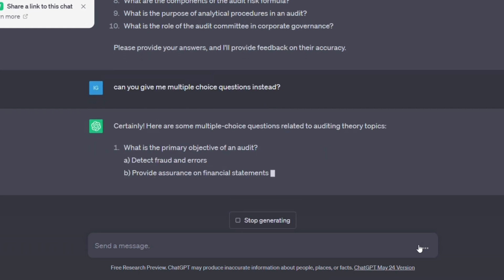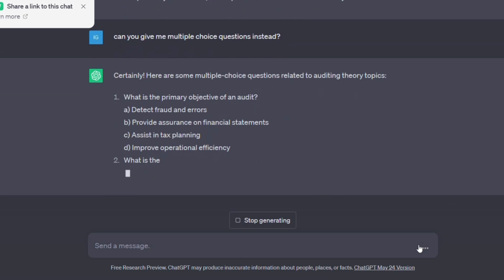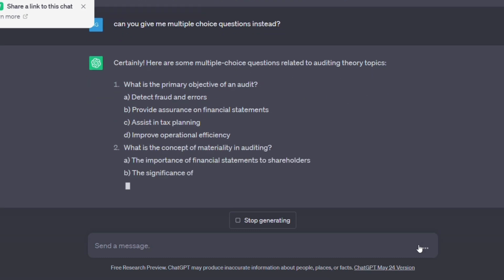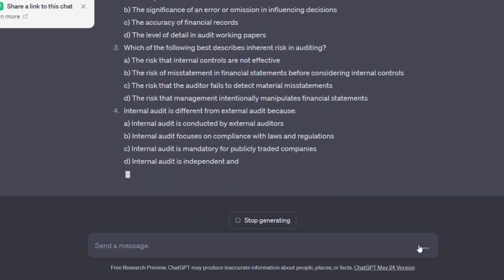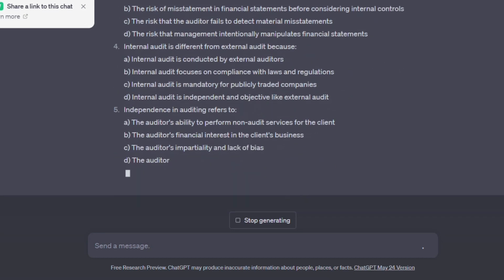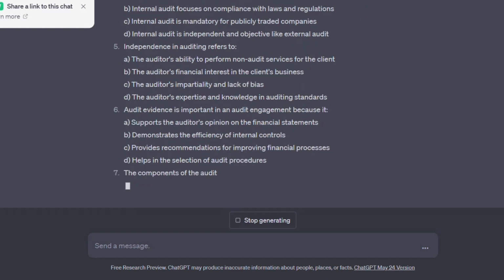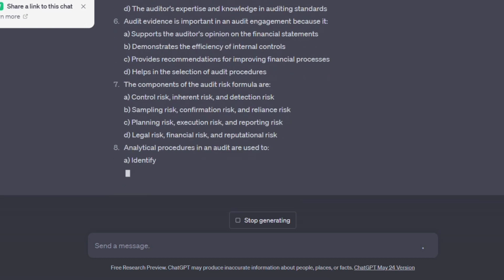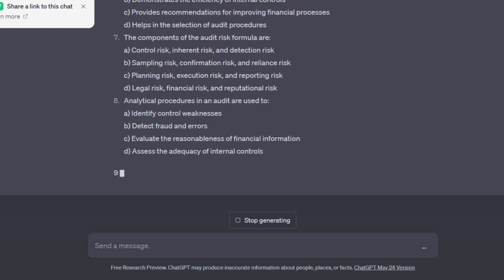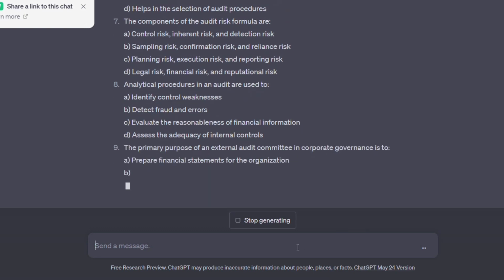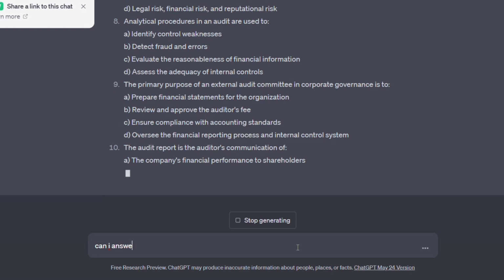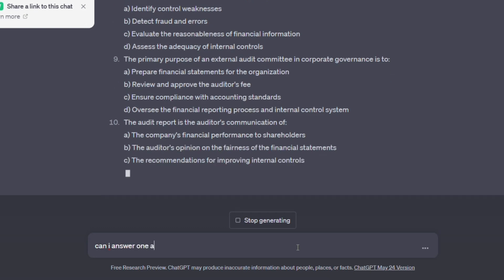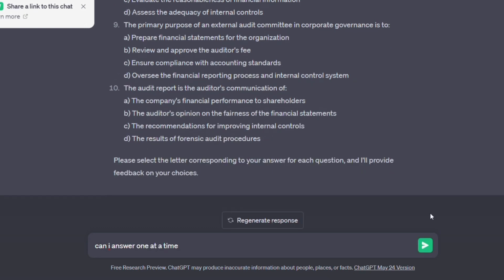Okay. What is the primary objective of an audit? Letter A, to detect fraud and errors. Letter B, provide assurance. Oh no, kadaghan ba? All at once? Can you, oh my God. Can I answer one at a time?